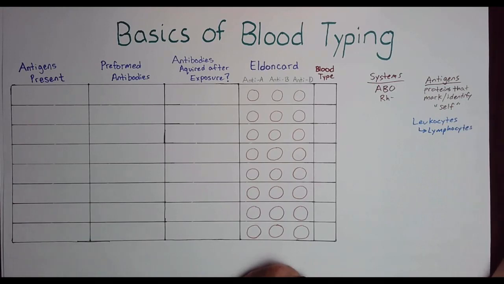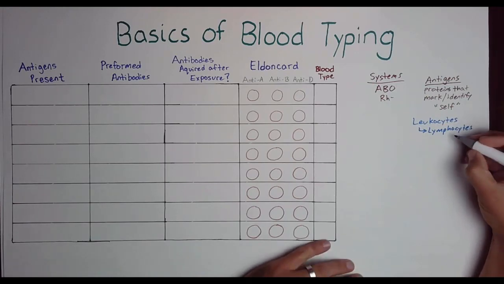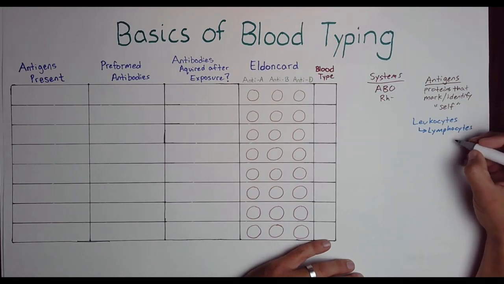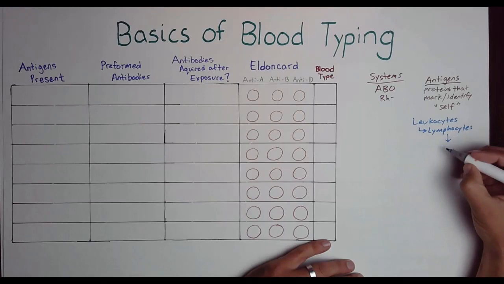Lymphocytes are like a security force. They run around and find things that are not supposed to be in your body, and they flag them for removal with something called an antibody.